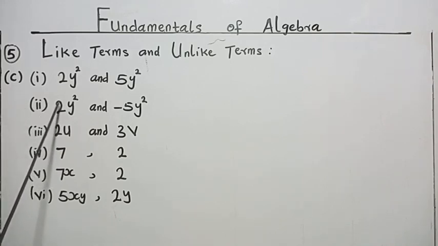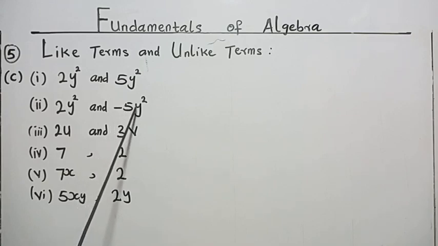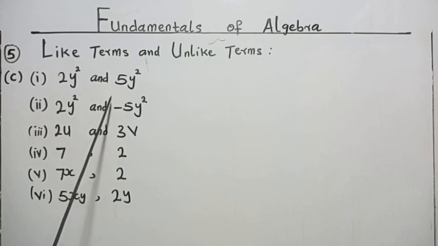This is plus 2y to the power 2 and this is minus 5y to the power 2. That this is plus and this is minus will not be a factor as to whether the two expressions are like terms or not. Only two things determine. What are they? The type of symbol being quantified, if any, and the power of the symbols.